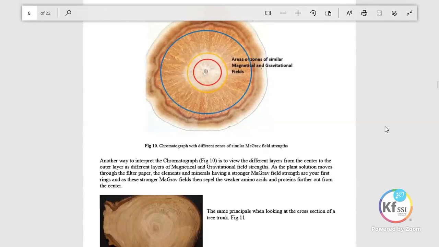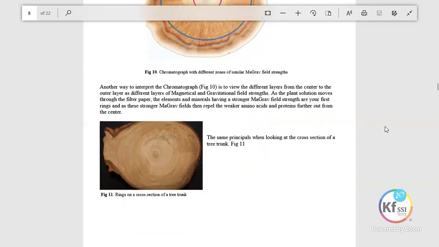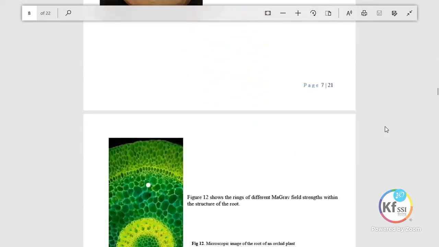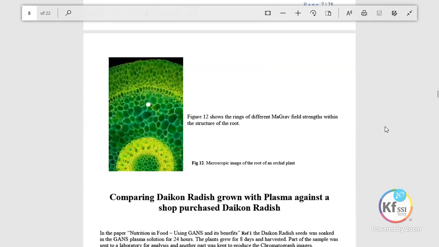And we see this in nature all the time with a cross-section of a tree trunk, and also a microscopic image of the root of an orchid plant, showing the different rings and different magnetic field strengths within the structure of that root. So that was my approach in analyzing these images.